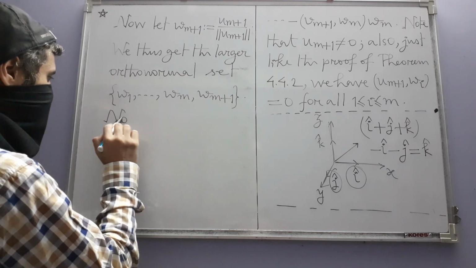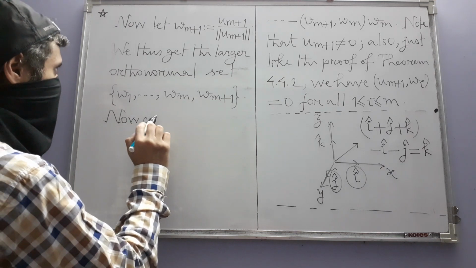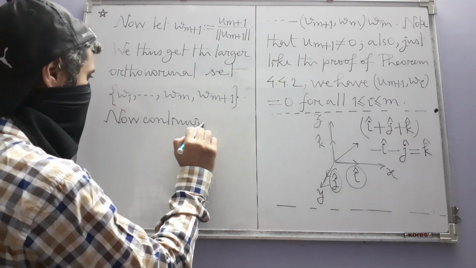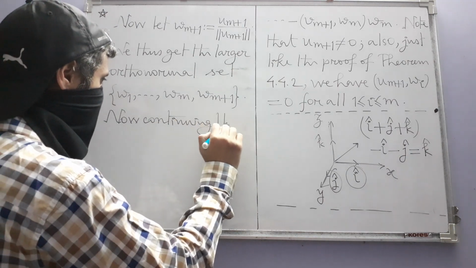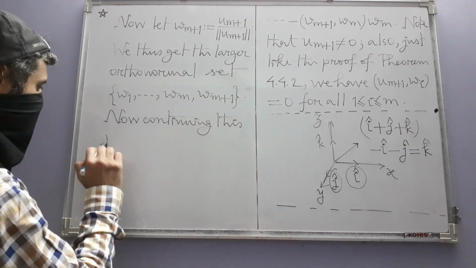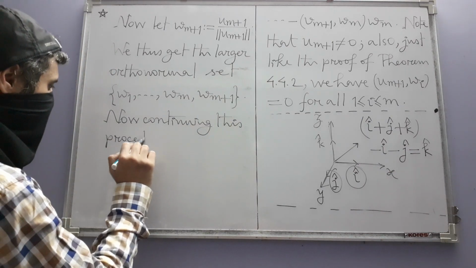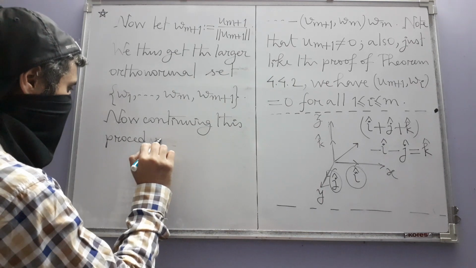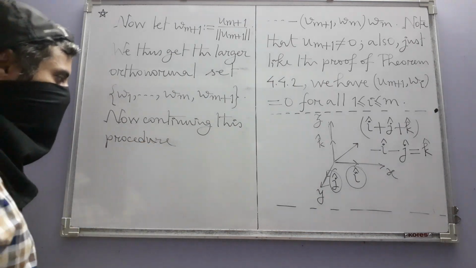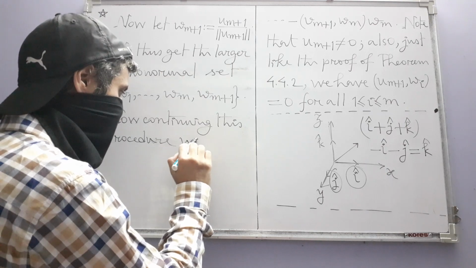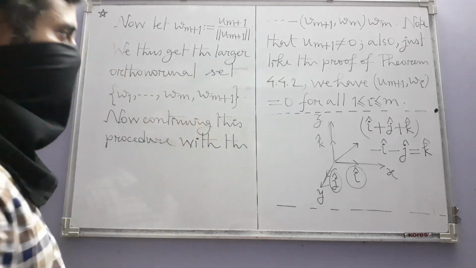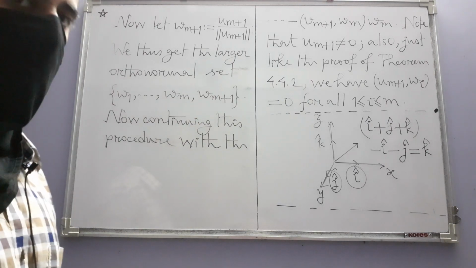Now, continuing this procedure, do you see how we are going to continue? We are now going to continue the procedure with this new orthonormal set which has one extra vector.